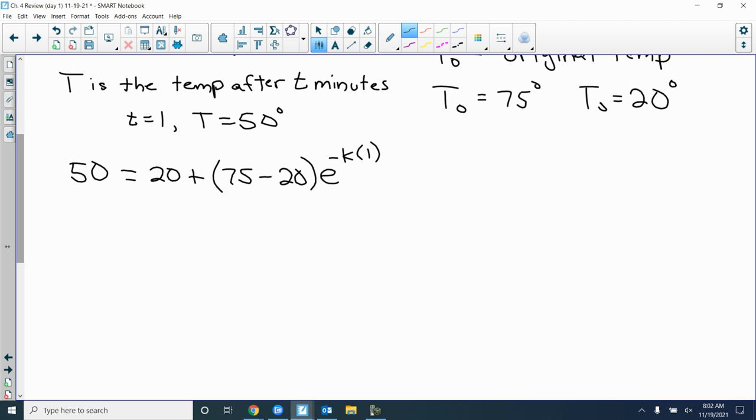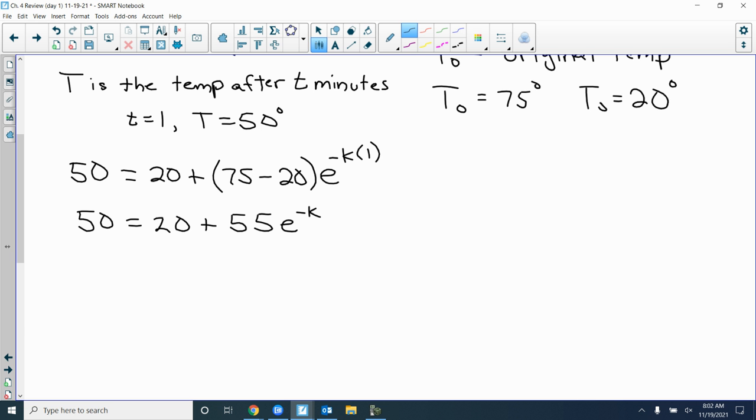All right, now there's a couple of little areas you've got to watch. People make mistakes. I'm going to do a little bit of simplifying. So 50 equals 20 plus 55 e to the negative K, because 1 times K is K.